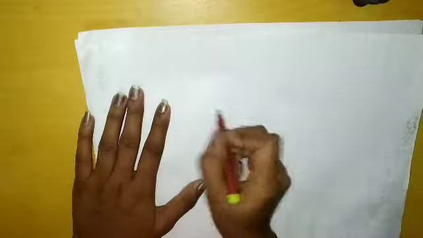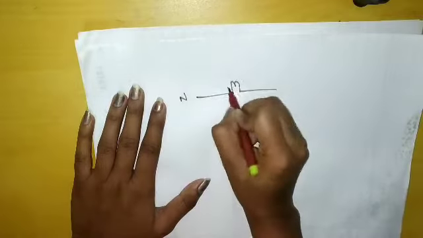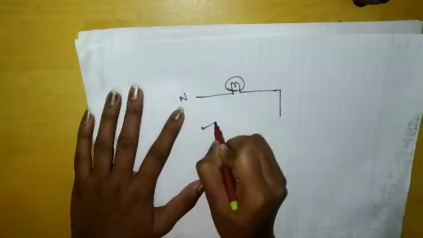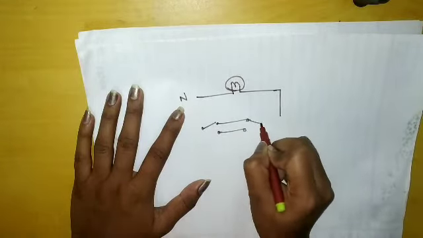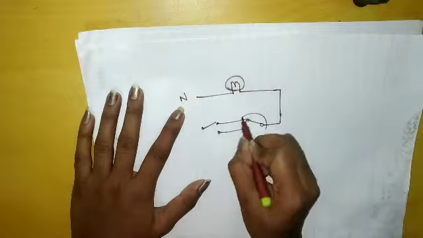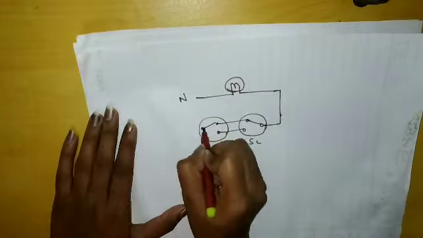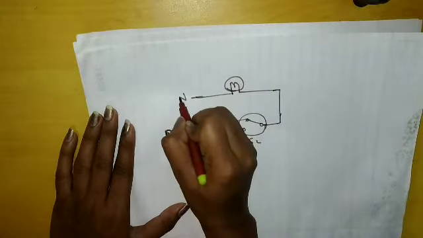I will show you. For a staircase wiring, this is our bulb. We have given neutral here, and then to the switches. This is switch S1 and this is S2. Phase is always given to the switch, and this is neutral.